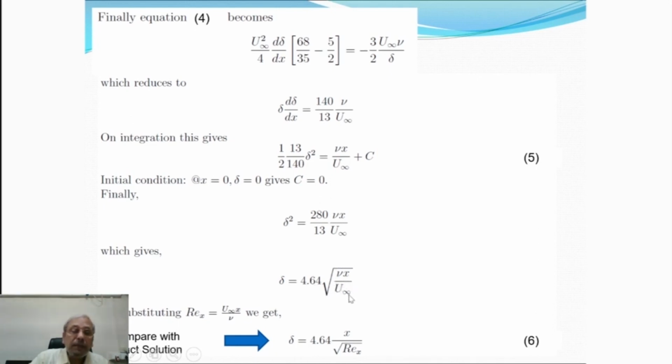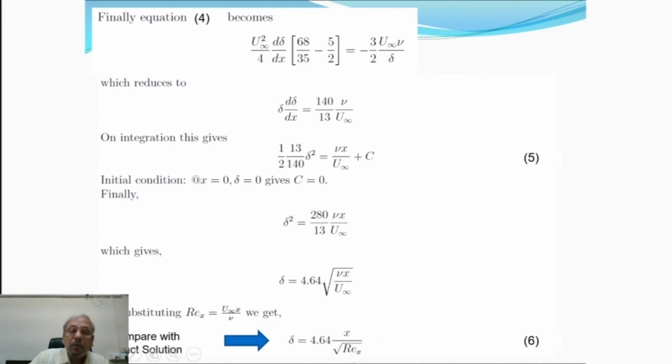u infinity. And we know Reynolds number at any x from the leading edge is given by u infinity x by nu. So this we can rewrite as delta equal to 4.64 into x by root over Re x.